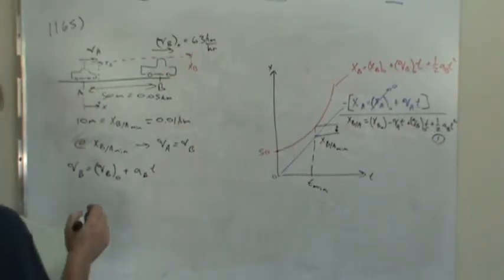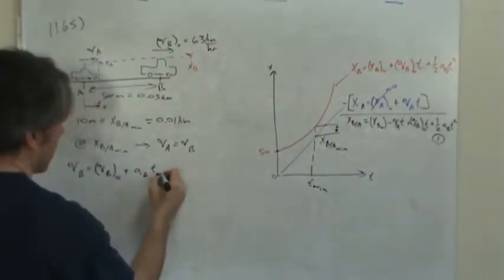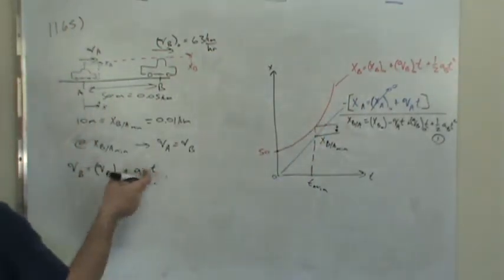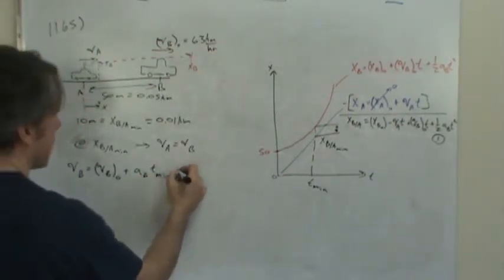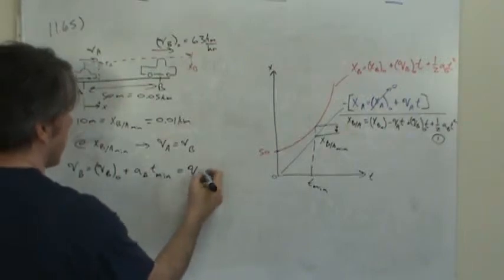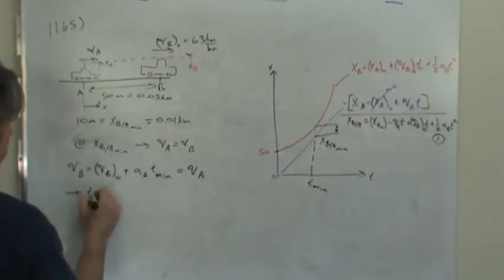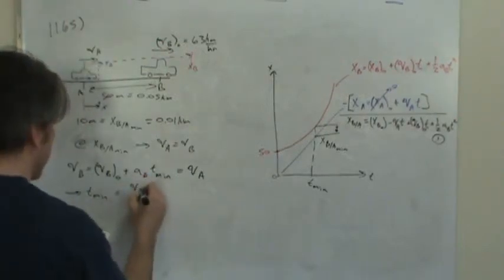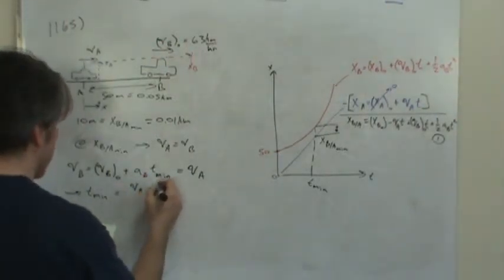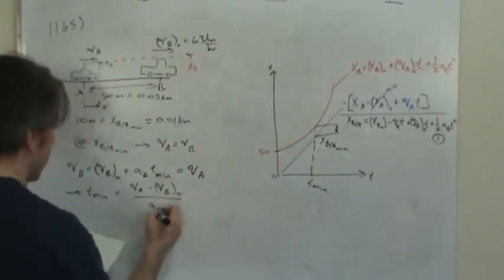But at the particular time when the minimum distance is observed, okay, before I write this, notice this equation applies at all times, but at the time when the minimum distance occurs, that's when the velocity of A equals the velocity of B. So I could rearrange this equation to solve for the minimum time as the velocity of A less the initial velocity of B divided by the acceleration of B.